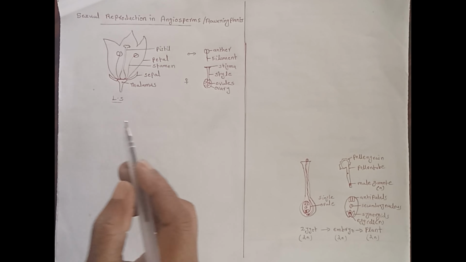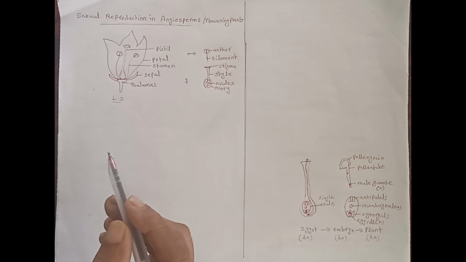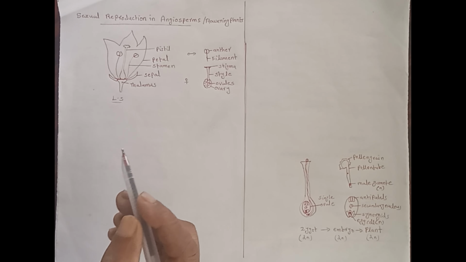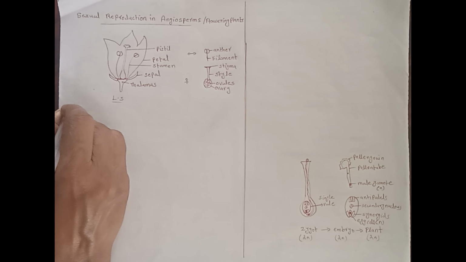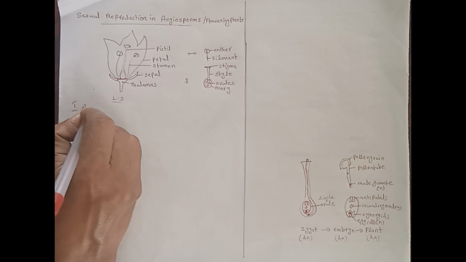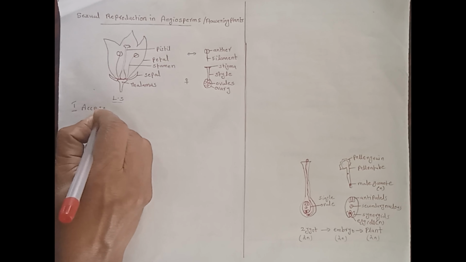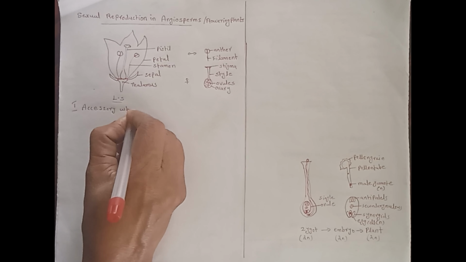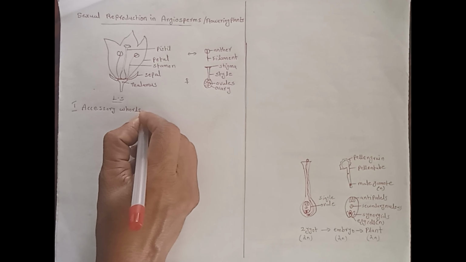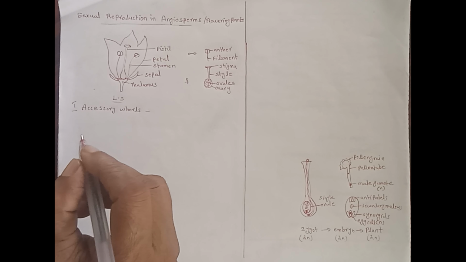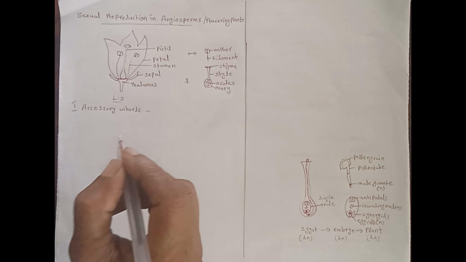Then a typical flower has mainly two types of whorls. First, the accessory whorls, with mainly two parts, calyx and corolla.